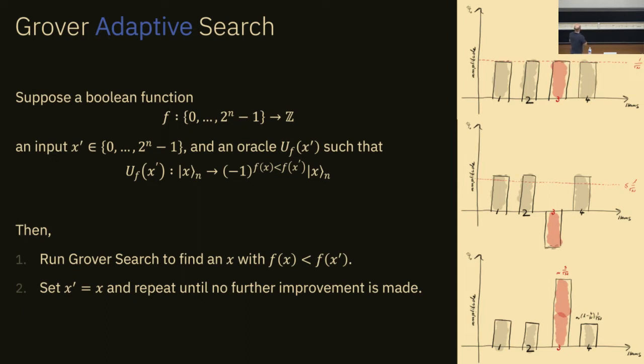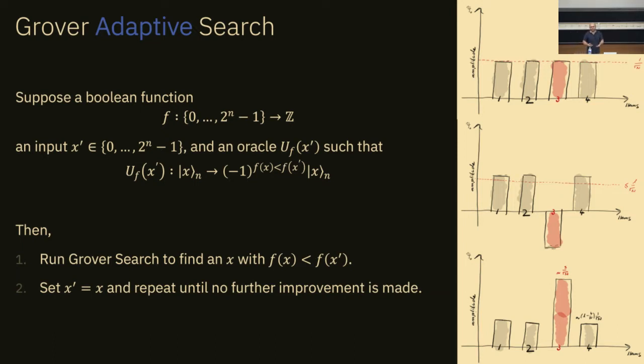It's pretty similar. So now we assume we have a function f that takes the same input, but maps it, let's say, to the integers. Could also be real numbers. And the oracle is now slightly different. It flags an item with a negative amplitude if f of x is less than f of x prime, where x prime is some state that we picked.